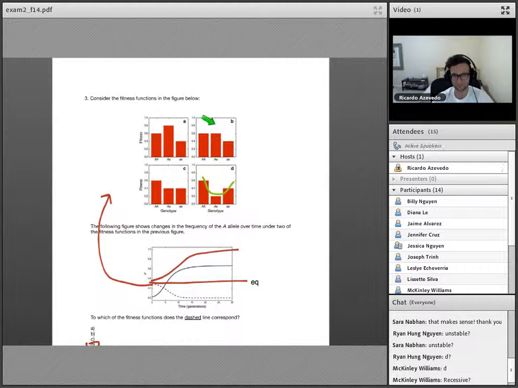We already know that D is under-dominance. Okay, A. What type of selection does A represent? So this fitness function A. Overdominance, as Ryan has rightfully pointed out.